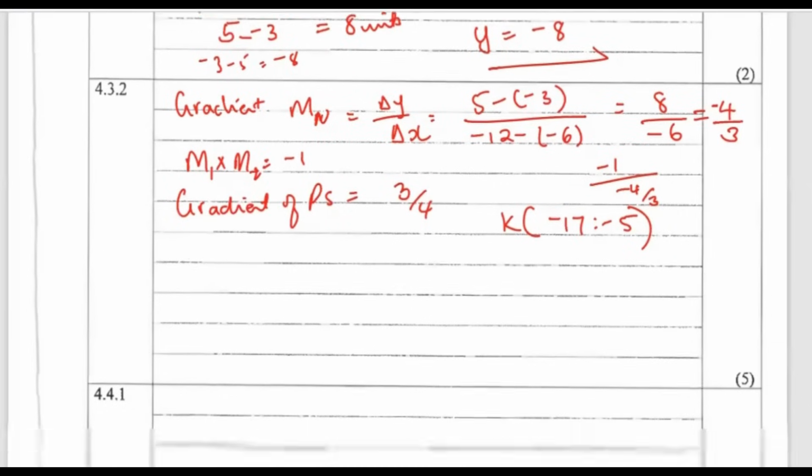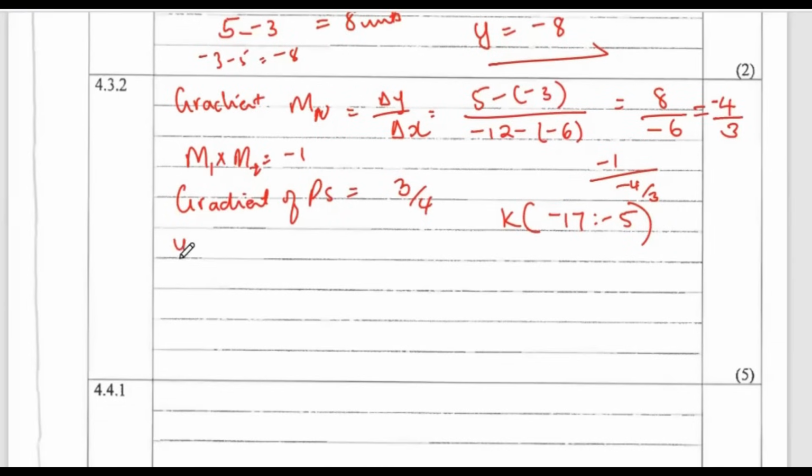I can use the formula of y is equal to mx plus c. And then I look for the values. So this is my x, that's my y. So -5 is equal to 3/4 times my x, which is -17, plus c.